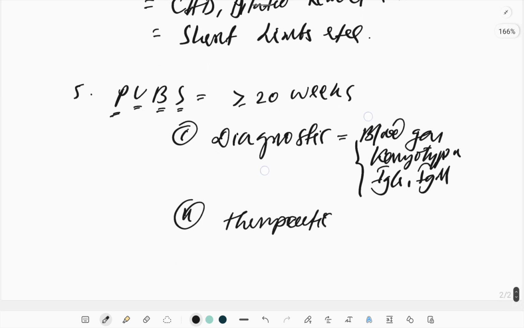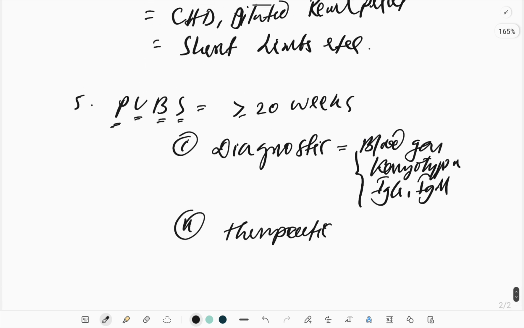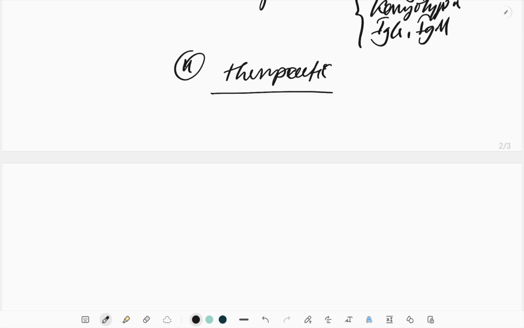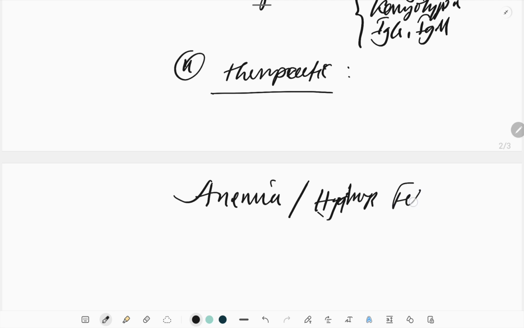And it might be therapeutic also. In the sense of therapeutic, in case of fetal anemia, severe anemia of course, like ABO incompatibility or Rh incompatibility, that might develop hydrops fetalis.